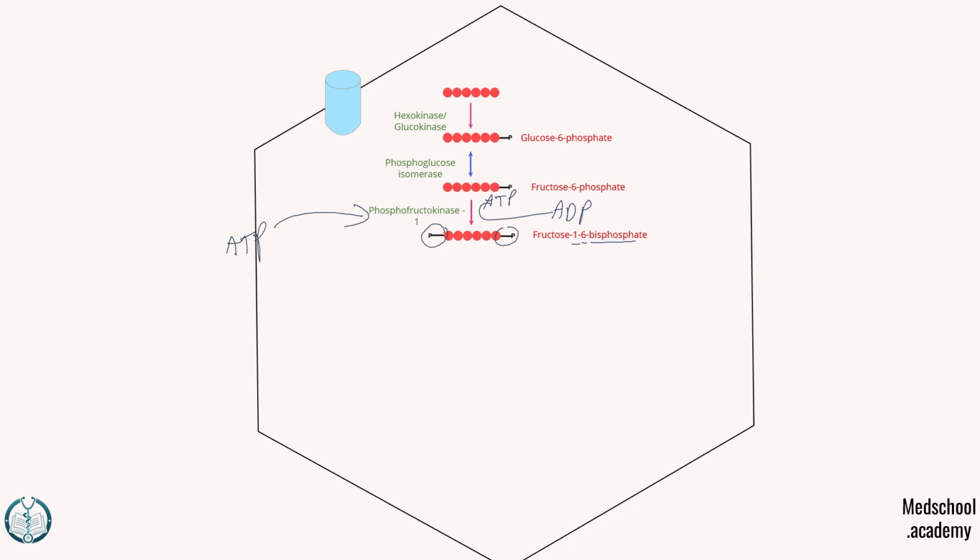Well, ATP. If there's a high amount of ATP in the cell, it will deactivate phosphofructokinase 1. Another thing that can inhibit it is citrate, which also indicates that the cell has a good amount of energy. So these 2 will inhibit it.